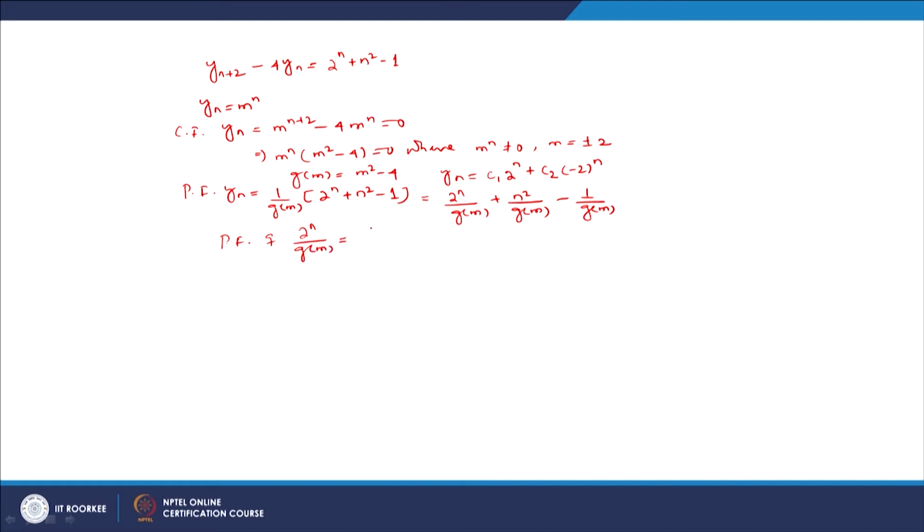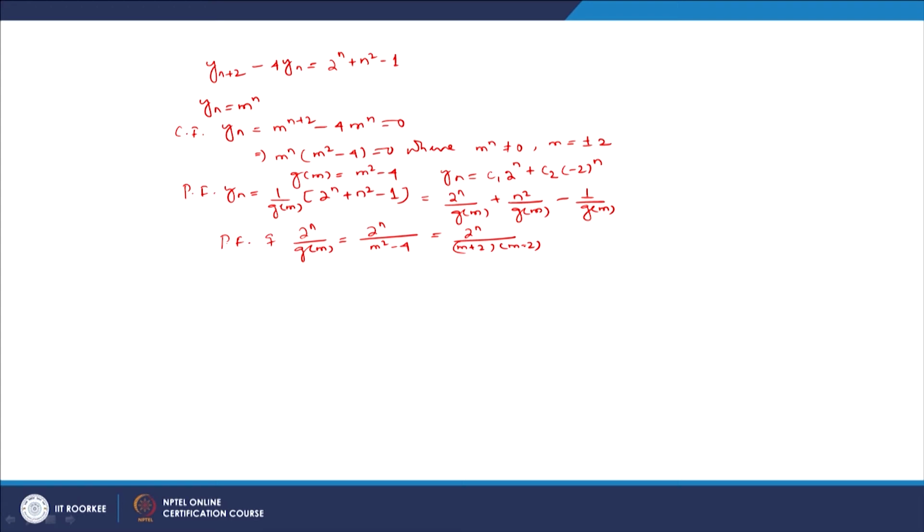Here g of m is nothing but m square minus 4, which can be written as 2 to the power n by m plus 2 into m minus 2. First, we will do the partial fraction to get the independent forms of m plus 2 and m minus 2 on the denominator side.